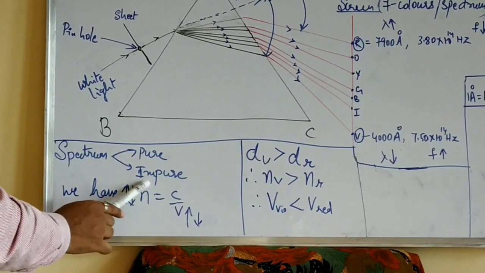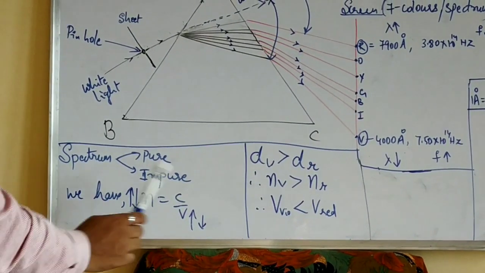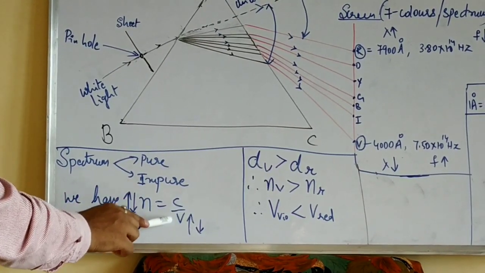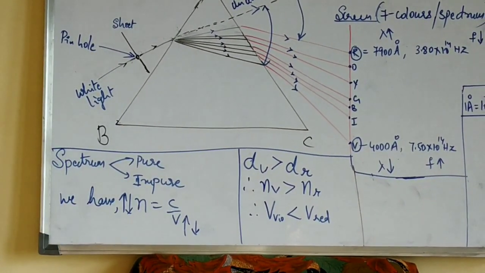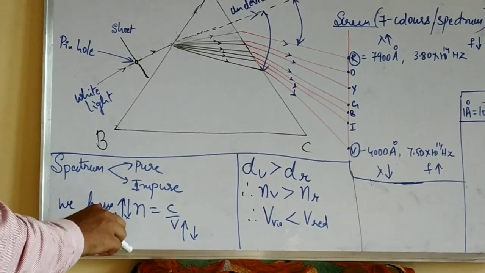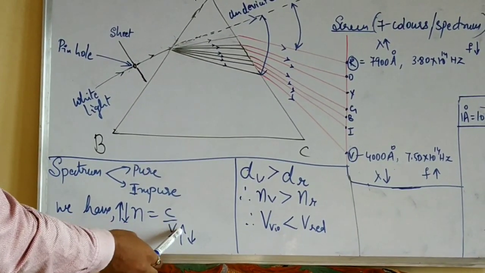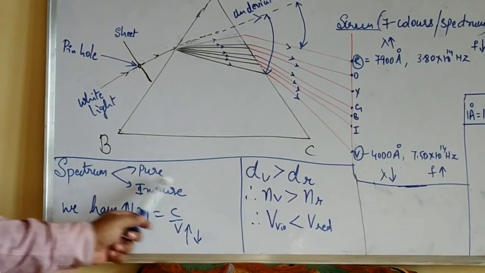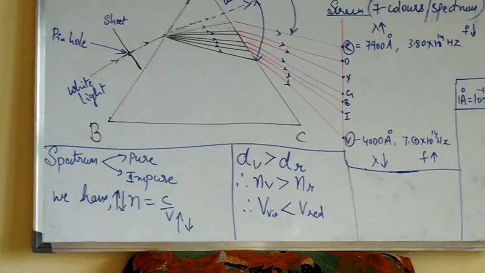The more the refractive index, the lesser the speed of light in that medium; the lesser the refractive index, the more the speed of light in that medium. With this relationship we can draw some conclusions.